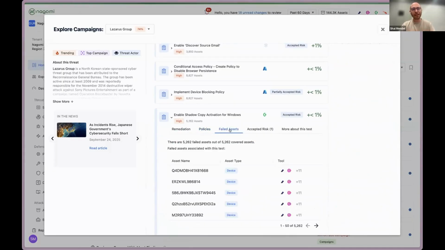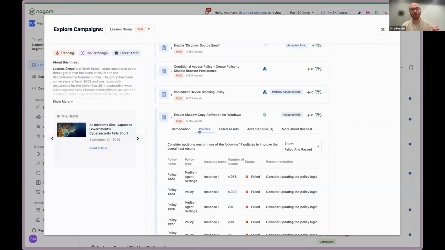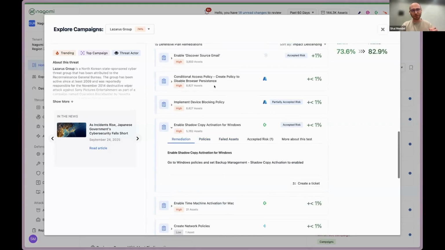Now, this context helps you, according to what we see, to mobilize this internally. It's not only about surfacing misconfigurations. It's about surfacing the key misconfigurations with the context of why it is relevant to us because of the campaign, in that case, that it's targeting us. What are the concrete policies that I need to fix, and very concretely, how to do it.